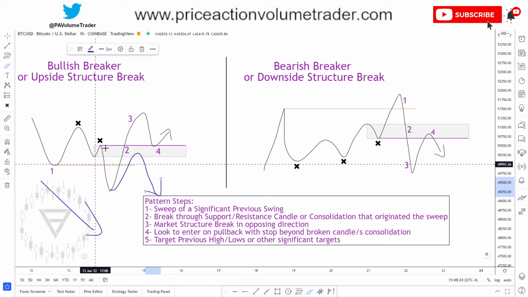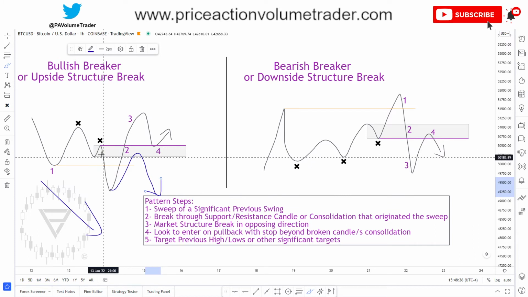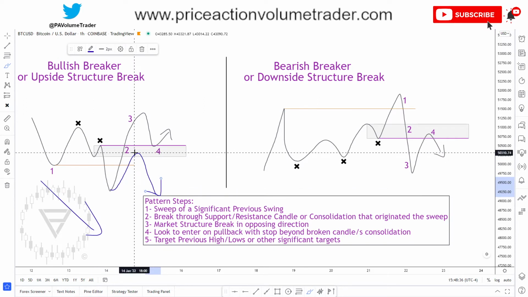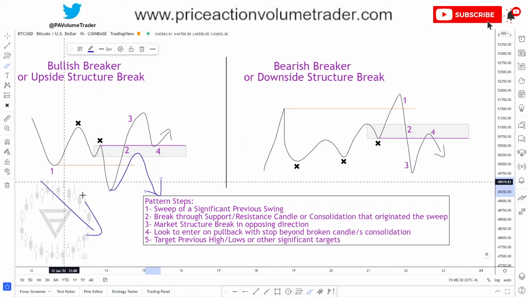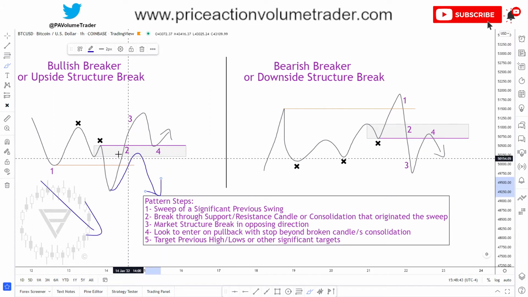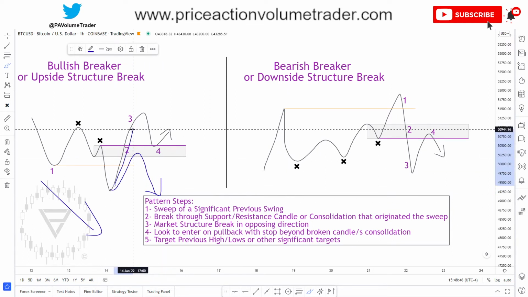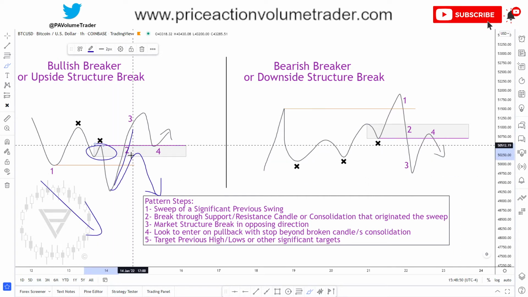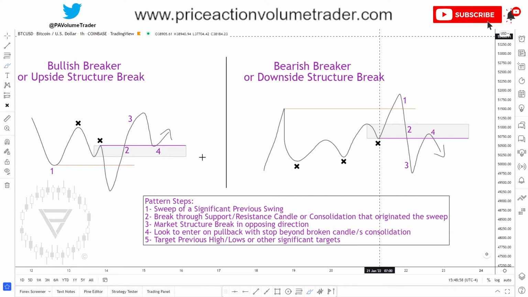There's a lot of different ways to call this, but basically the last up candles or consolidation before the impulsive move down. So then we expect a retracement and then price to continue with the trend. But in these scenarios, instead of rejecting, we go up and break right through this consolidation that led to the sweep. So once we identify that, then we are on alert because we know that this pattern is in the process of forming.